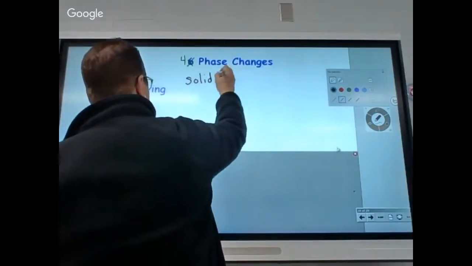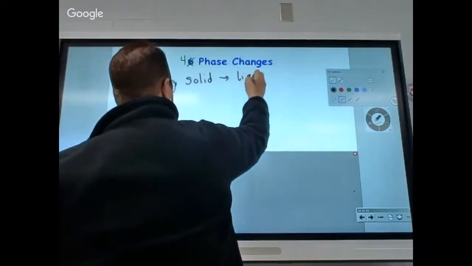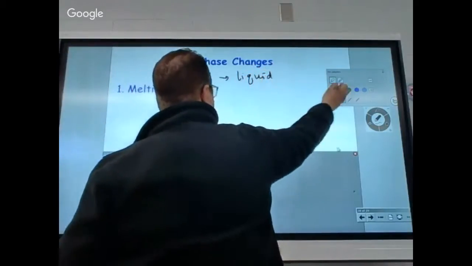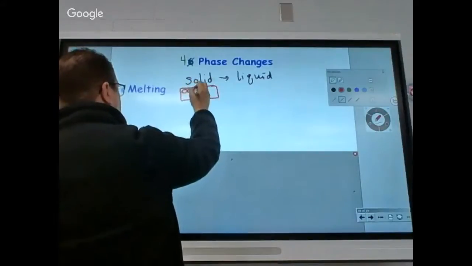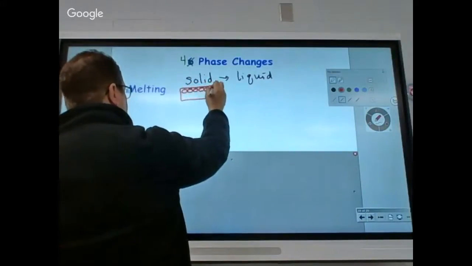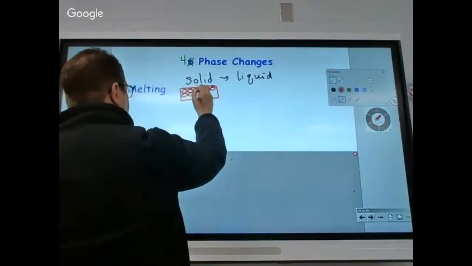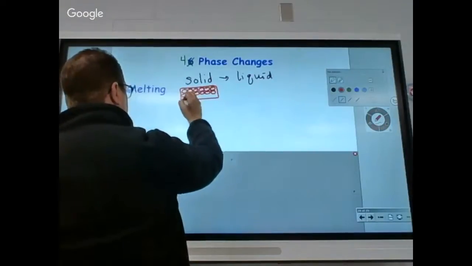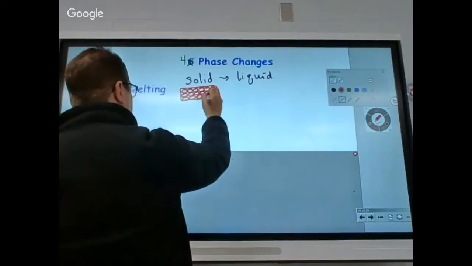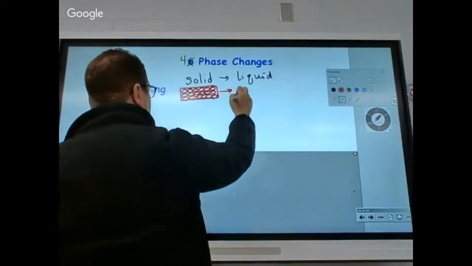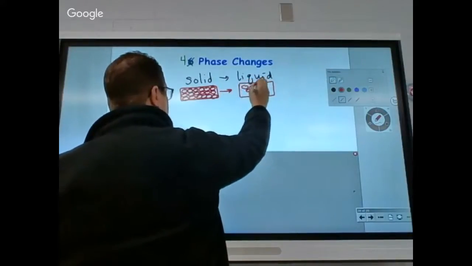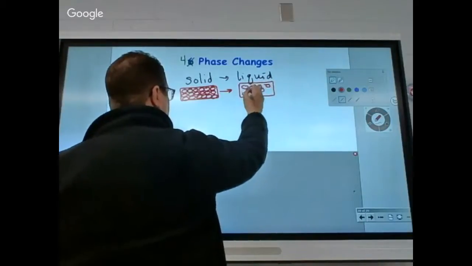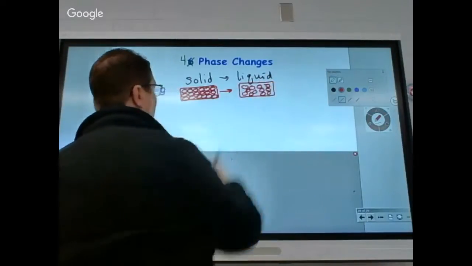Change to a liquid. All right. So I have my particles all stuck in a fixed pattern, all lined up in neat little rows. And this time, they're just going to sort of get unorganized.